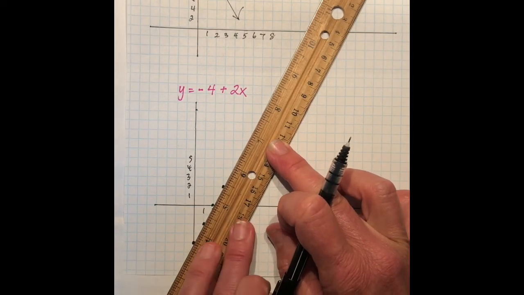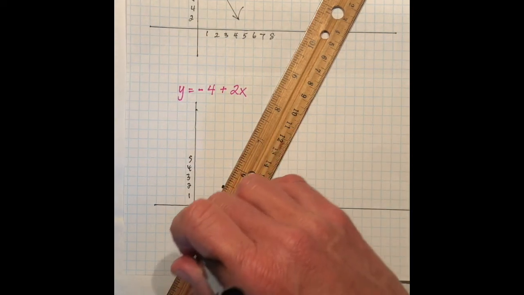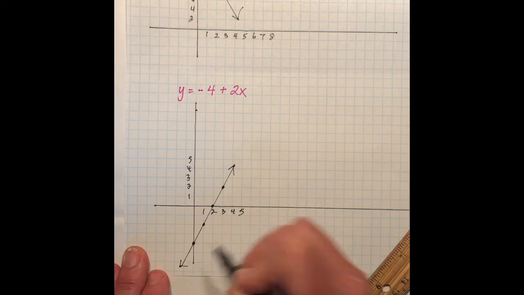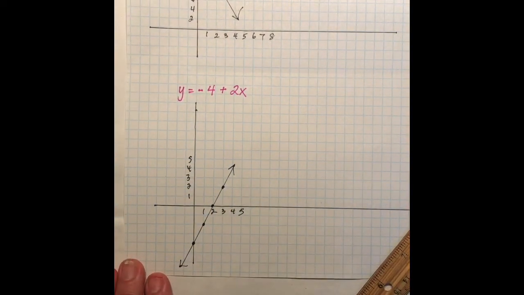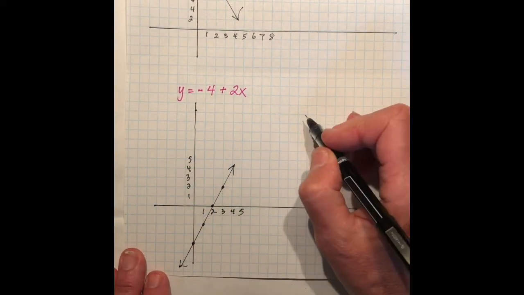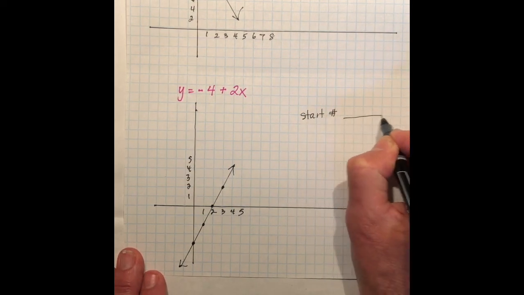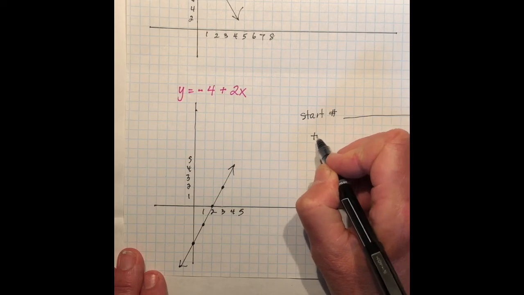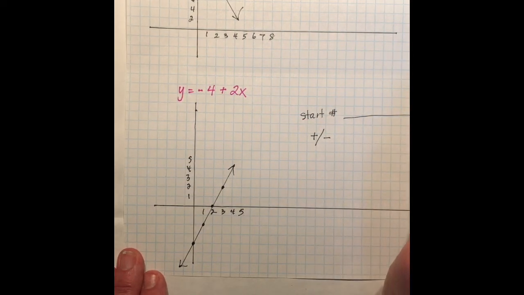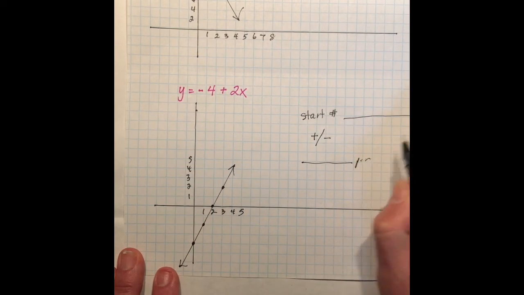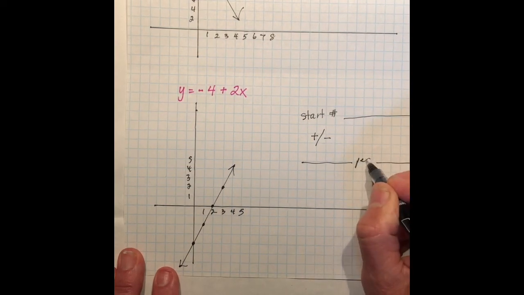Now, if you're thinking, this is nuts, I don't get this, you're in great company. Because a lot of kids are feeling the same way. What you want to remember is that you're looking for your start number, that you're either adding or subtracting, and then you're doing the something per something.